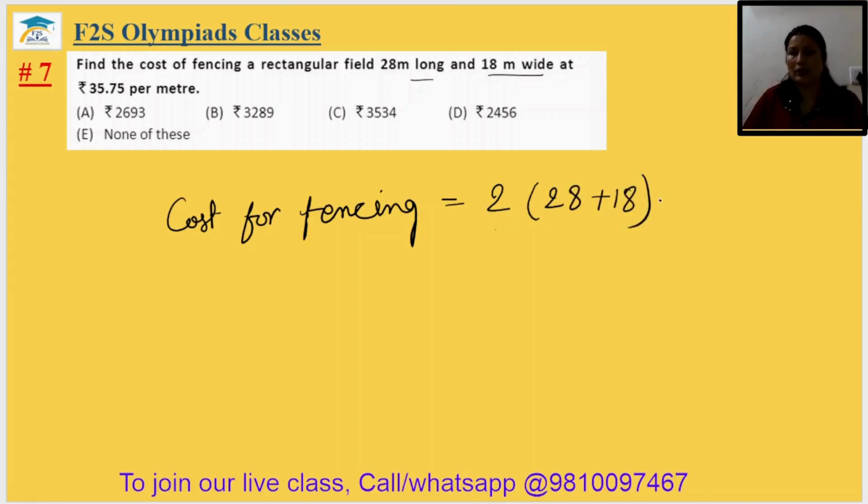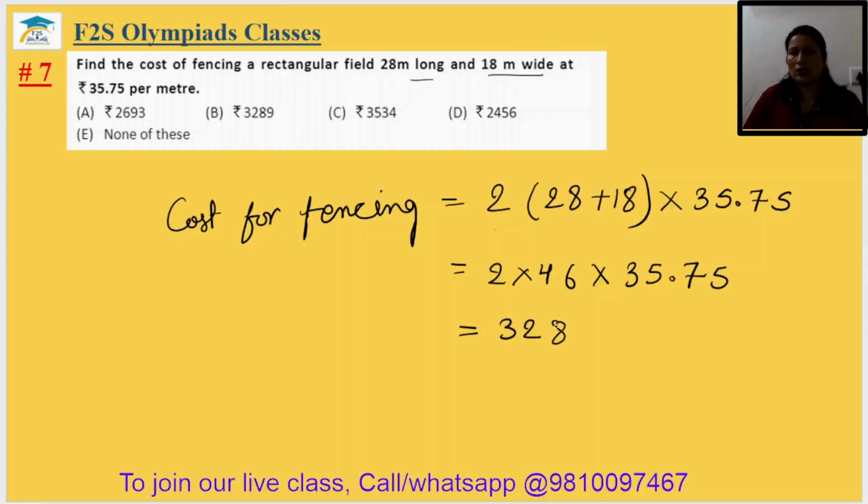This is the perimeter, multiplied by 35.75. So it is your 2 into 46 into 35.75. After simplification, you will get 3289 rupees. It is in option B. So seventh answer will be option B.